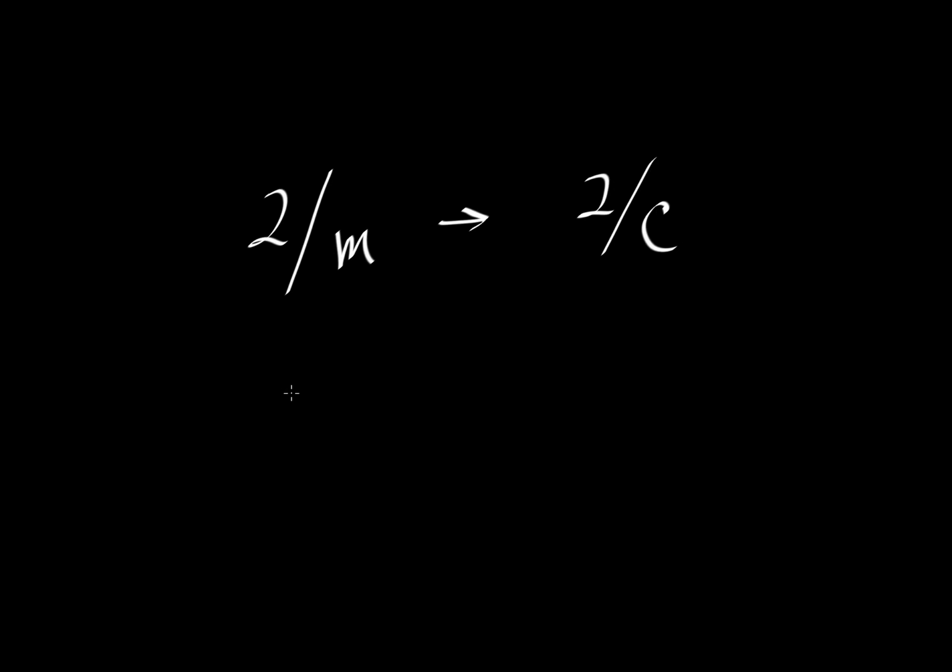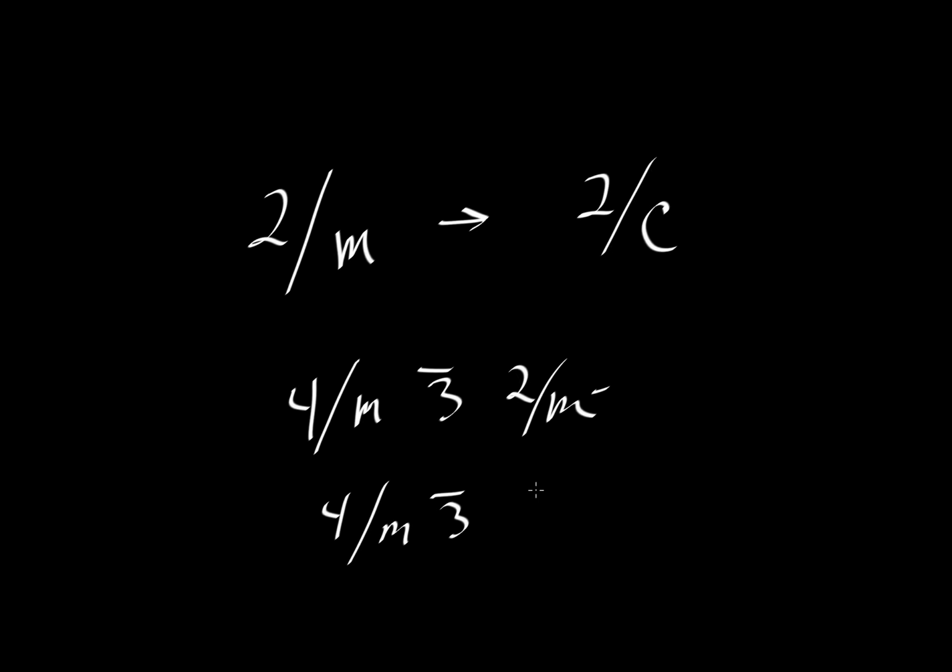Or if we had this point group, let's say we had a 4 over m bar 3, 2 over m. We could have the case where, let's say, that mirror plane here becomes a diagonal glide. And so we would have a 4 over m bar 3, 2 over n instead of an m.